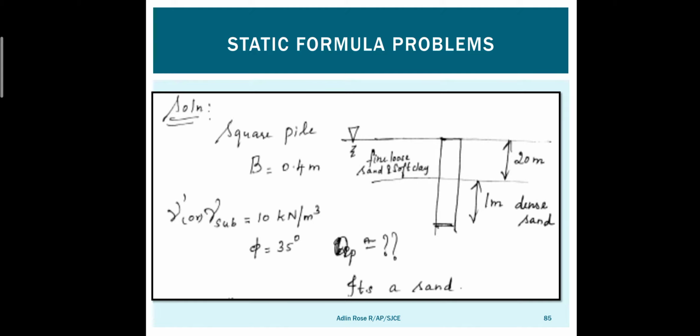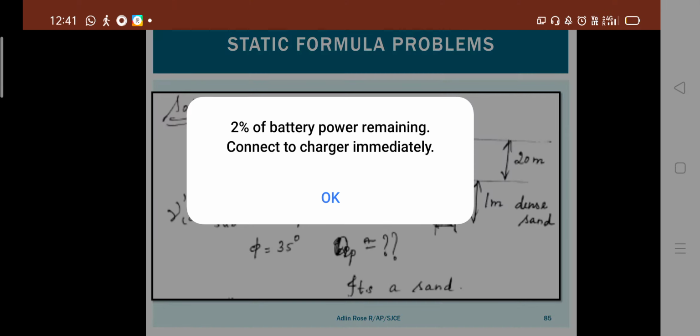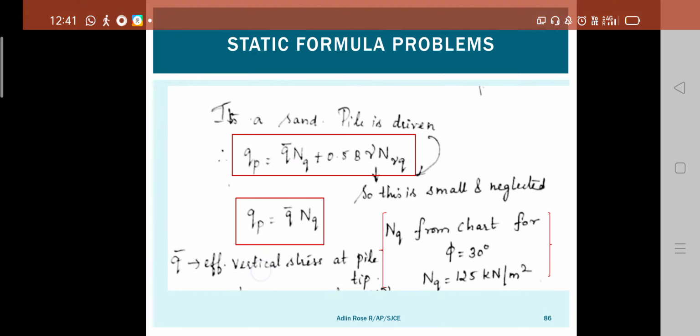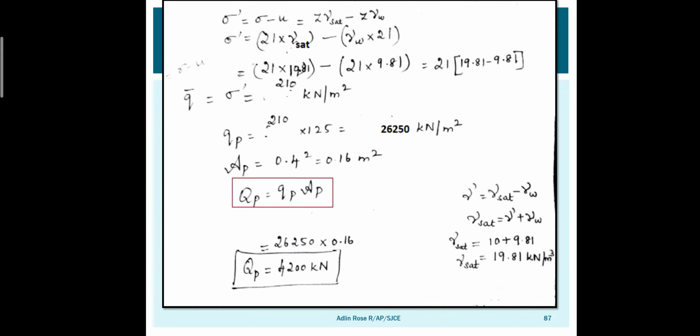So 21 meters into, what is the unit weight given? Gamma dash is given in the question. So you just multiply 21 into gamma dash. That is enough. 21 into 10.